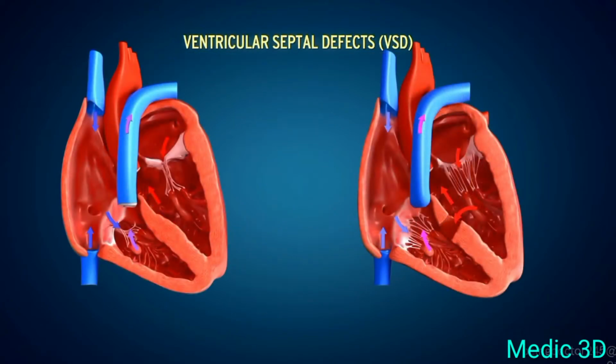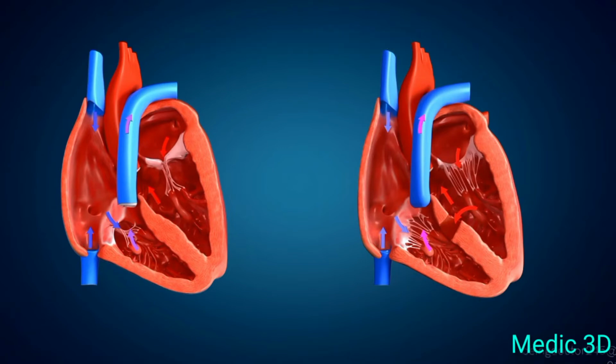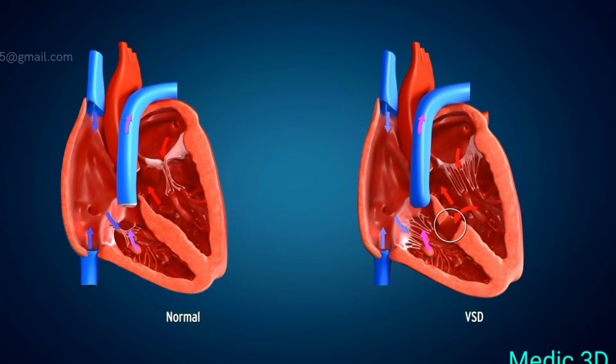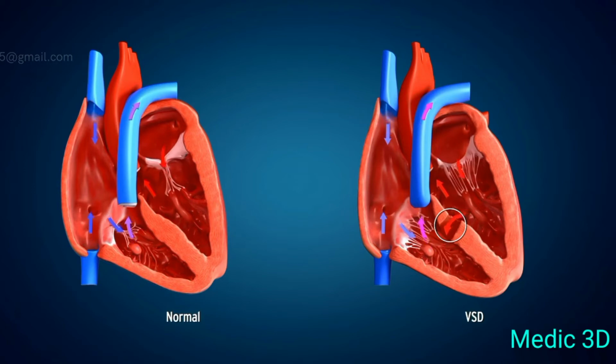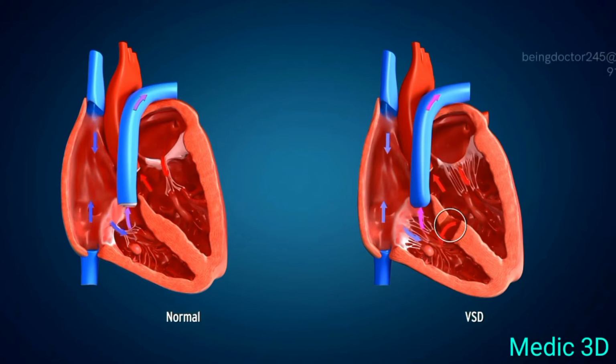Ventricular septal defects (VSD). In this clinical situation, there is a hole or septum defect at ventricles, thereby resulting in free communication of blood between the two cavities and hence intermixing the blood from the systemic to the pulmonary circulation.